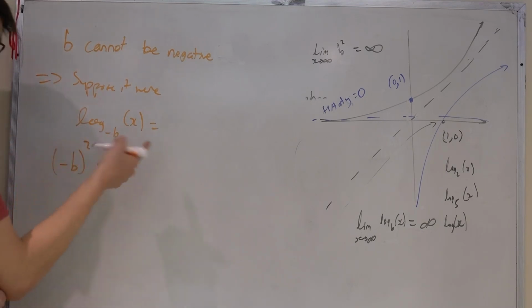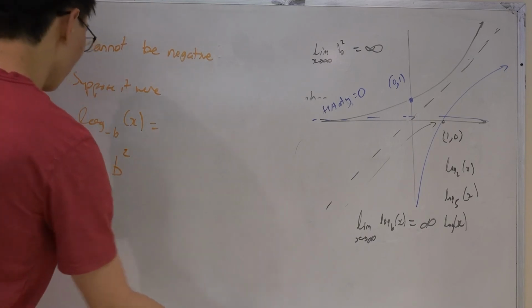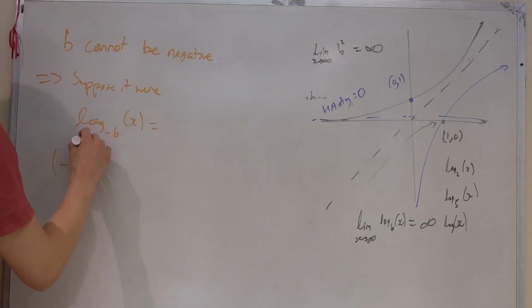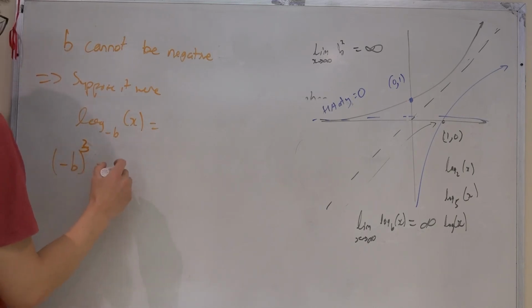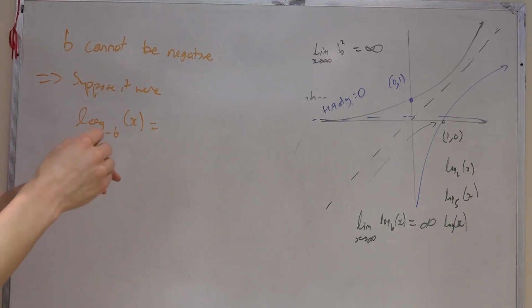So here we do get a number, but every time I raise the exponent, it's going to alternate between a positive number and a negative number. So this will be a negative number. If I put a 4, it'll be a positive number. Now it's a negative number, and it's just horrible.